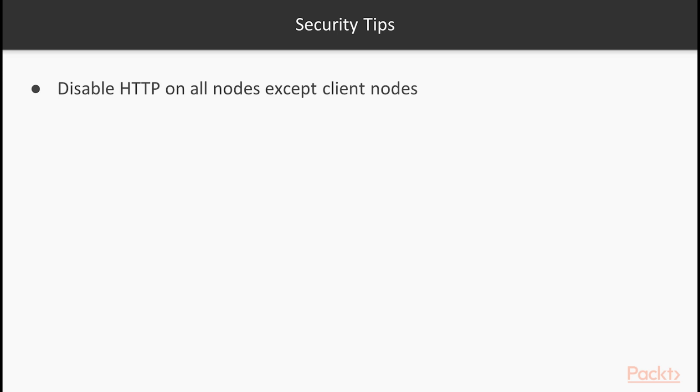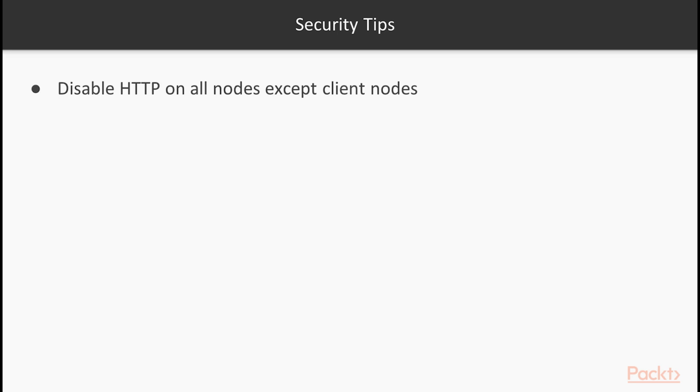The first tip involves the extreme case of disabling HTTP access on all nodes except client nodes. Because Elasticsearch uses transport interface to communicate internally, this is often suggested as the ultimate way to secure a cluster on the web.